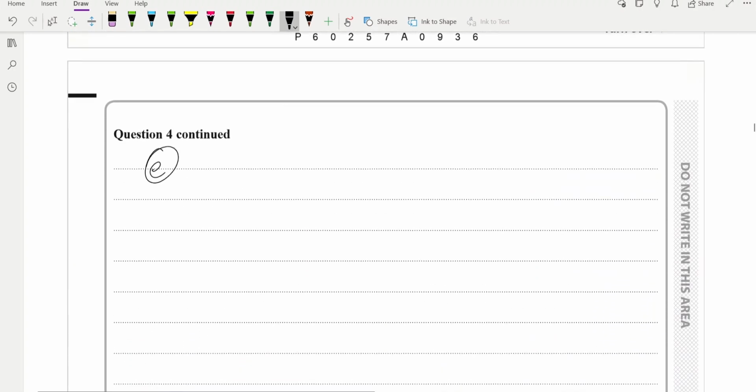So for E part, we can take the matrix as PQ, RS.